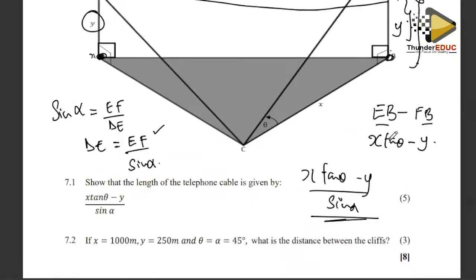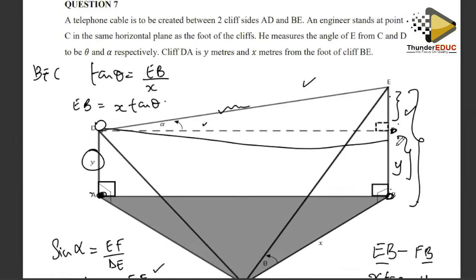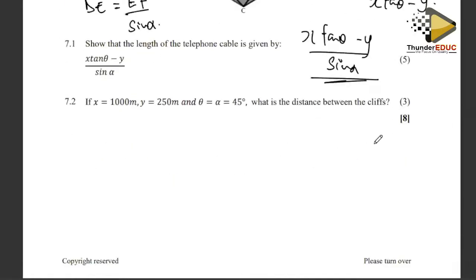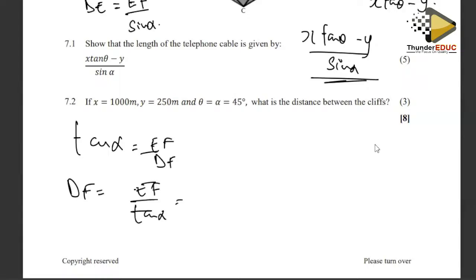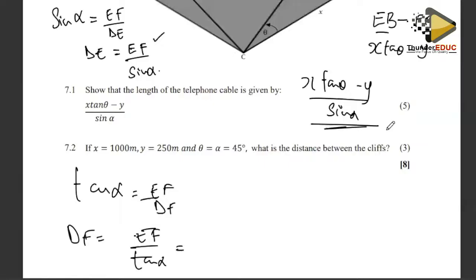But we're going to use DF, DE, because we now have our Y, we have the missing parts, and we can do just the substitution. So I would prefer to use the tan alpha, which is EF over DF, and then make DF the subject, which is going to be the EF over tan alpha. And we found our EF to be X tan theta minus Y, okay?